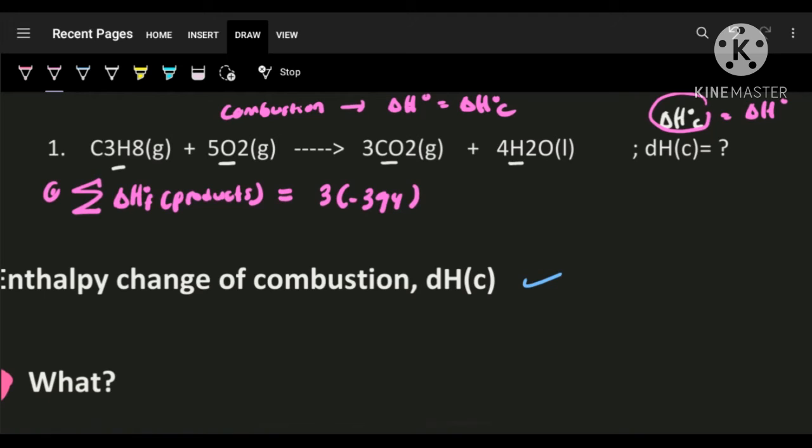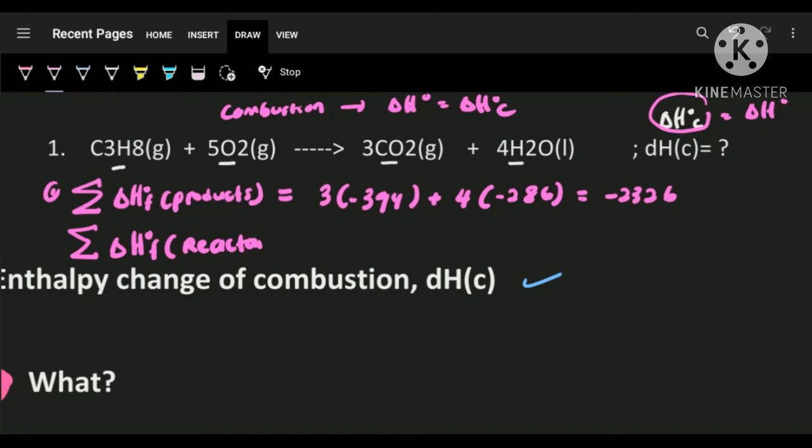Make sure that your calculation includes the coefficient number, and the answer is negative 2326. And the sum of standard enthalpy change of formation for reactants is negative 105 plus 0. The enthalpy change of formation of oxygen gas is 0 because oxygen is an element.